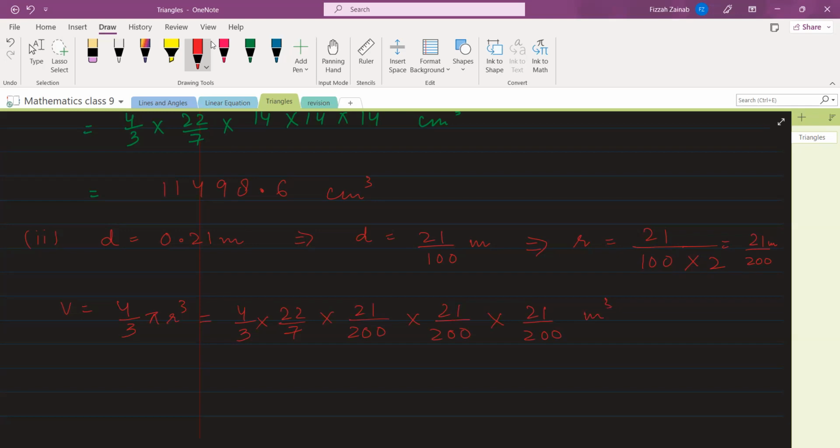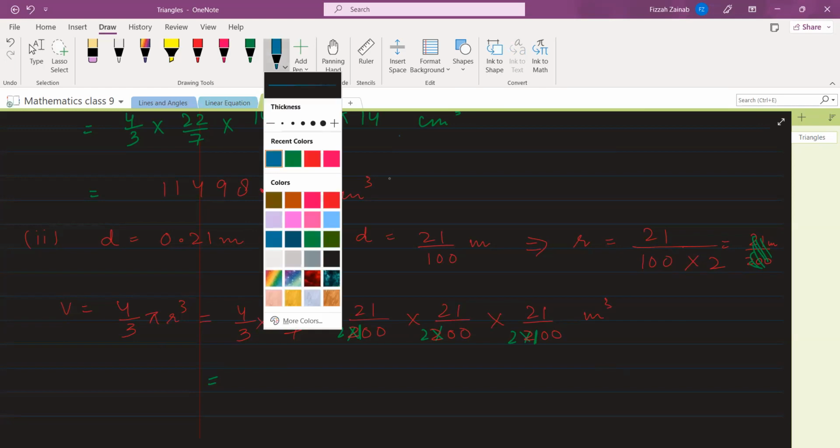So I think you can divide a few things here. Instead of 200, if you write it as 2 into 100, I think that will make it a bit easy if you want to cancel out a few things. So keep 100 separate and 2 separate. Clear? So this way you can easily cancel out.